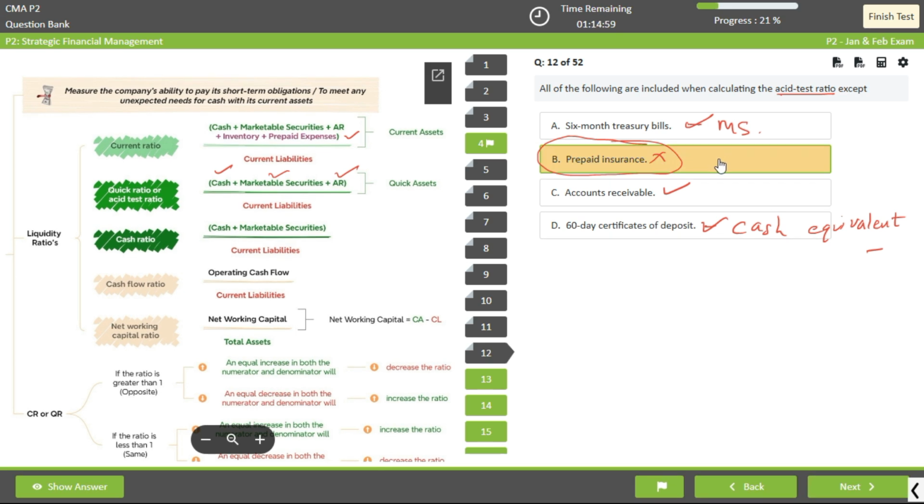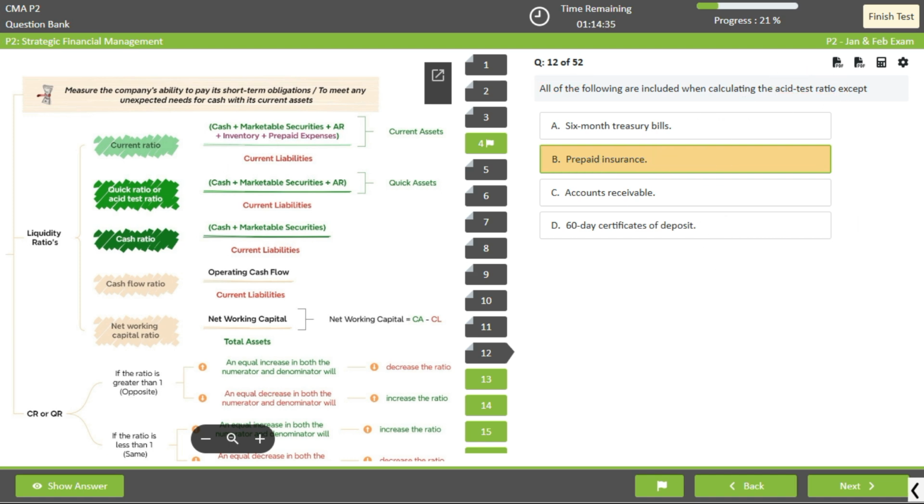That's why prepaid expenses is the correct option. There are two things: prepaid expenses, and we can call it inventory. So these two items are not included. Maybe later I'm going to modify this MCQ by including the inventory, because inventory and prepaid expenses are not included in acid test ratio.